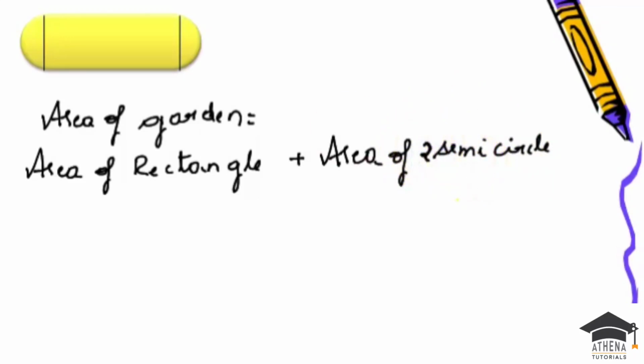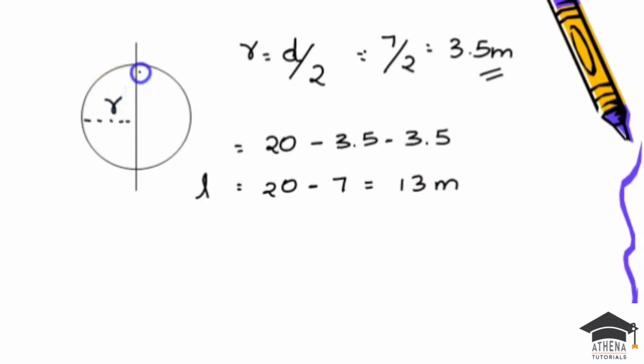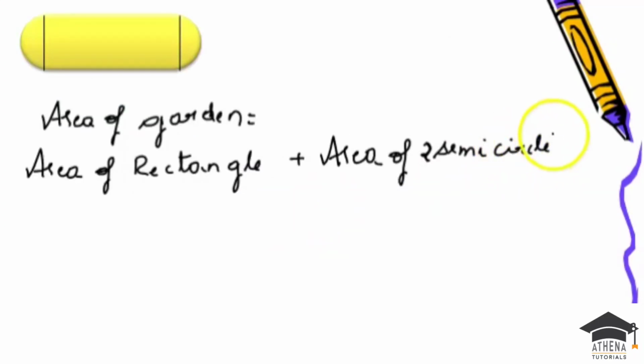Observe here, this is one semicircle and this is another semicircle. If we join both the semicircle, we will get one entire circle, right? So we can take it as area of two semicircle or one circle.